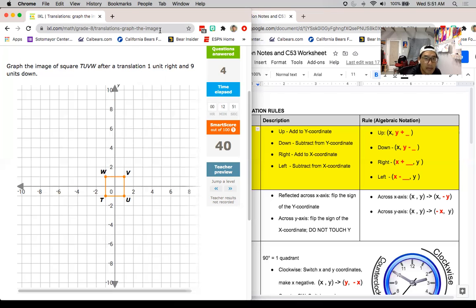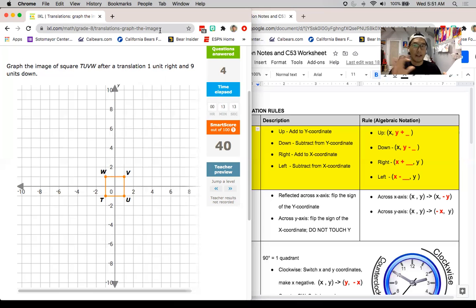V is at point 1, 1. And point W is at -1, 1. Okay, so I wrote that all down in my notebook.